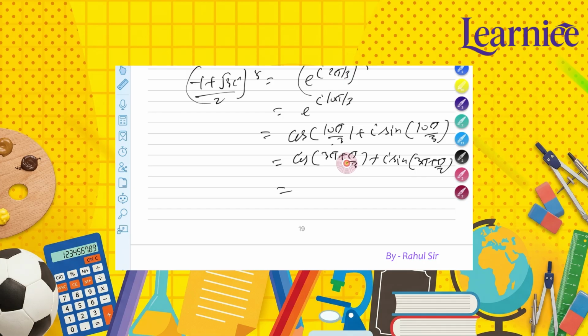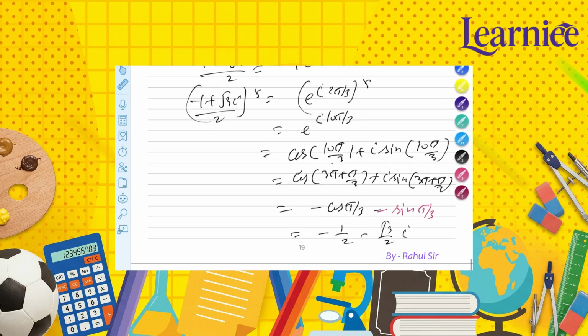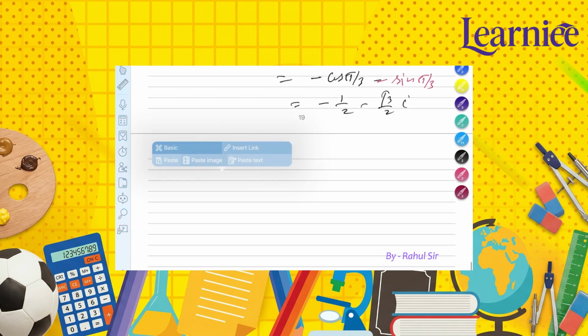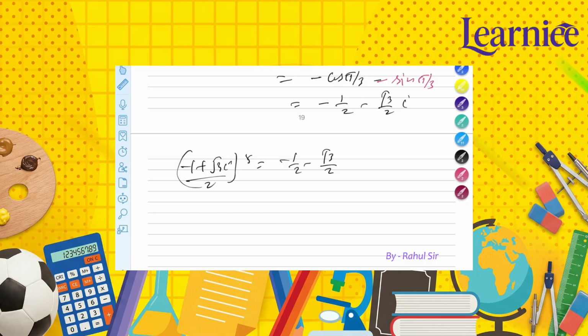It goes in the third quadrant, so it's minus cos pi by 3, and again the sine goes in the third quadrant, so minus sine pi by 3. Minus cos pi by 3 is minus half, and this is minus root 3 by 2 i. So this complicated thing, using the Euler form, can easily be converted into the standard form. This is nothing but minus half minus root 3 by 2 i.